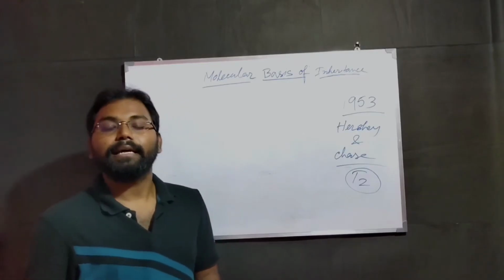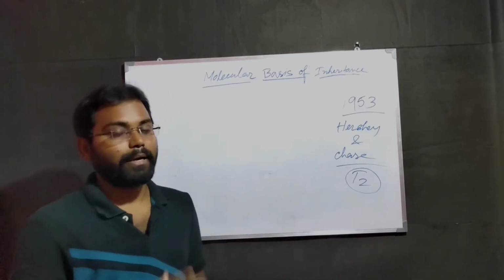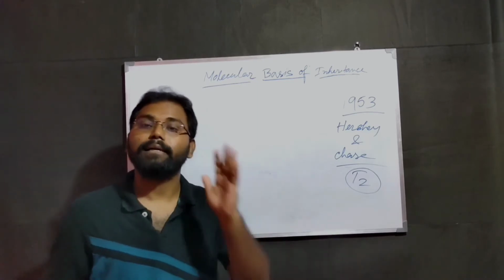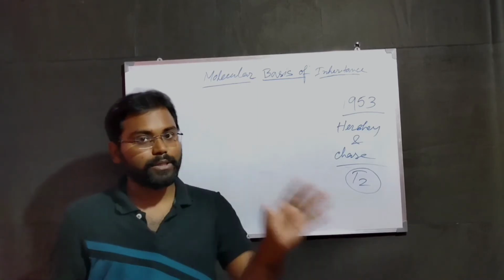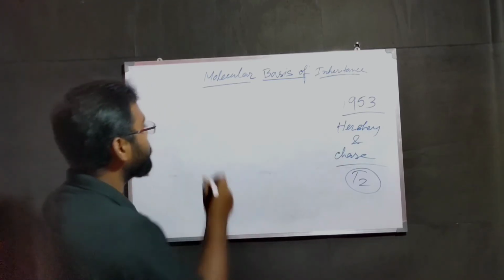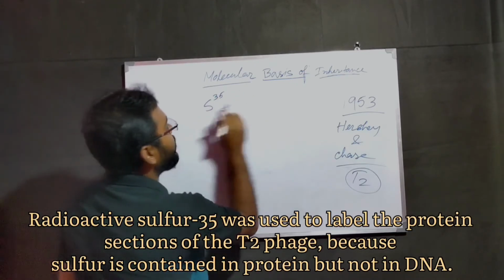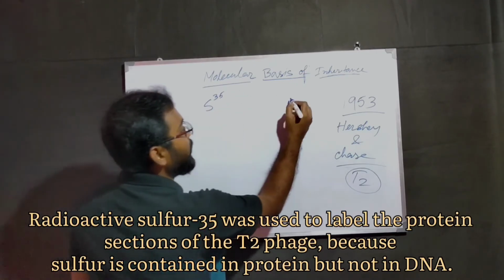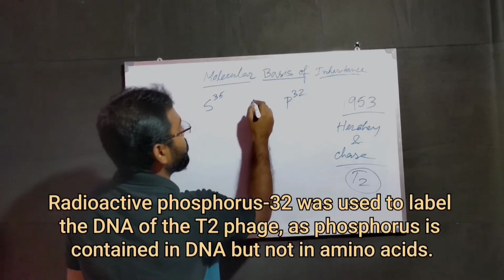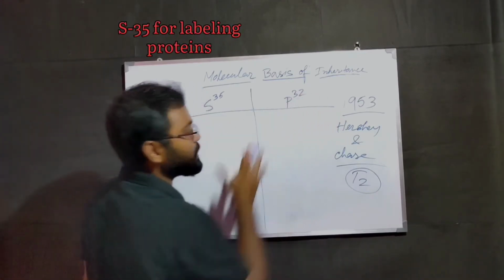As we know, protein may have sulfur but not phosphorus, and DNA has phosphorus but not sulfur. So Hershey and Chase used radioisotopes, that is S35, a radioisotope of sulfur, and P32, a radioisotope of phosphorus, and they designed two batches in their experiment.